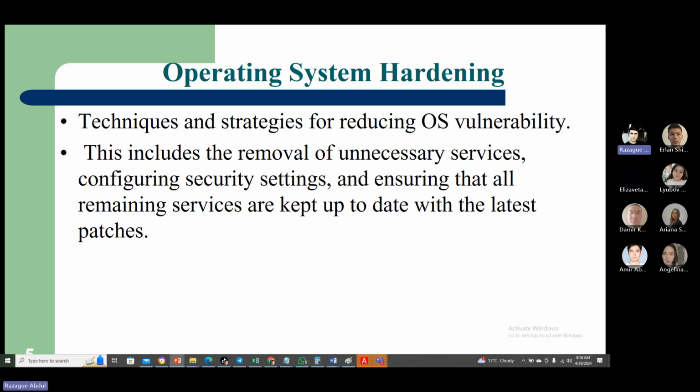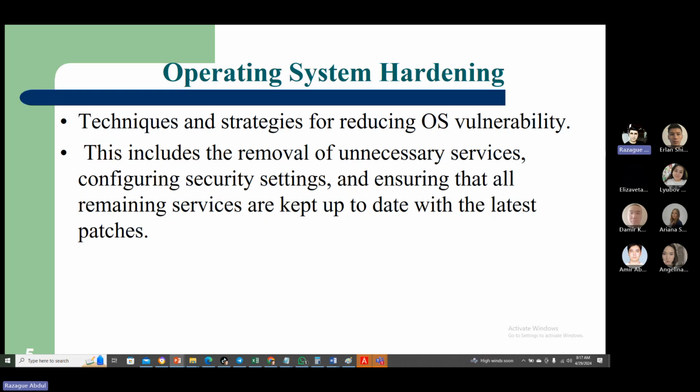So let me conclude about this. Operating system hardening is an ongoing process that requires diligence, regular maintenance, and a proactive approach to security.